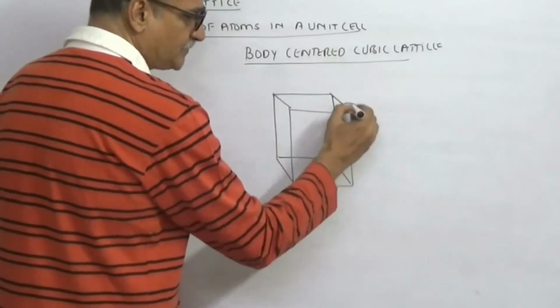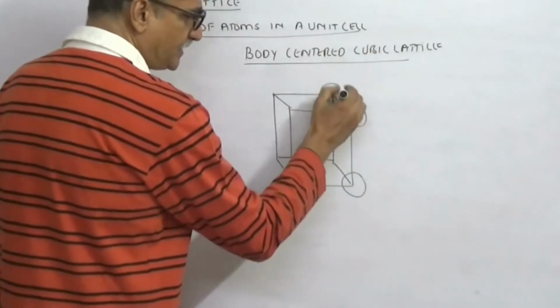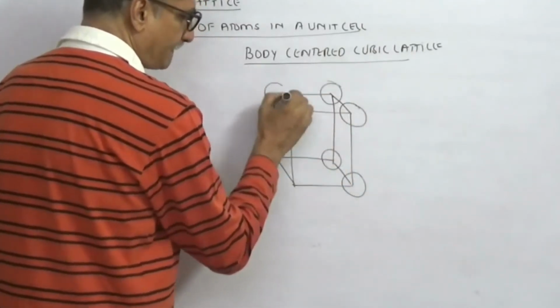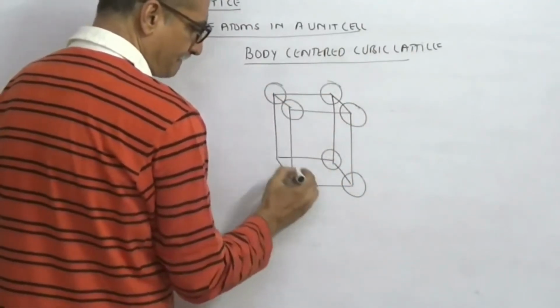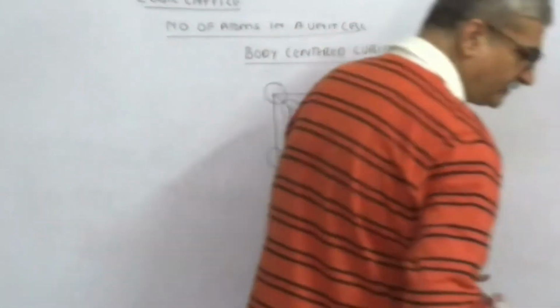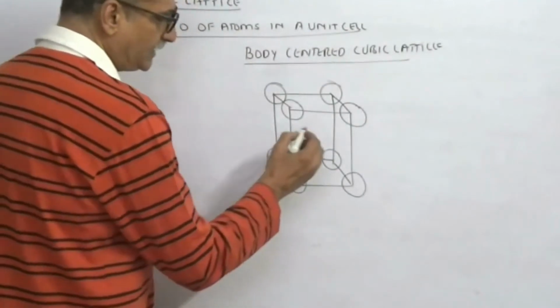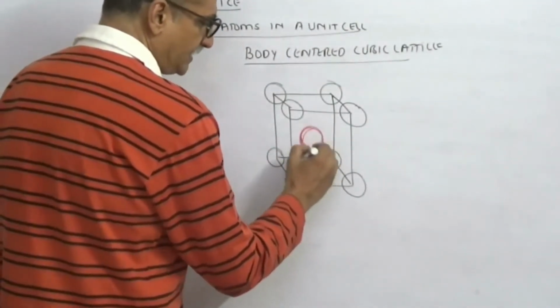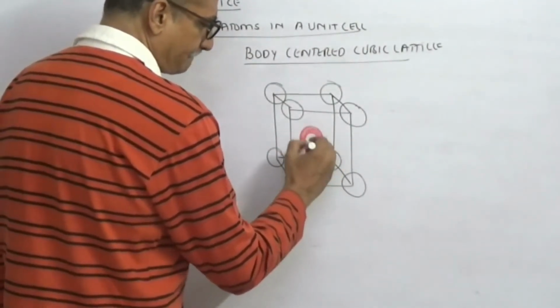Where are the atoms present? Atoms are present in the 8 corners, and there is one atom present in the center of the unit cell.